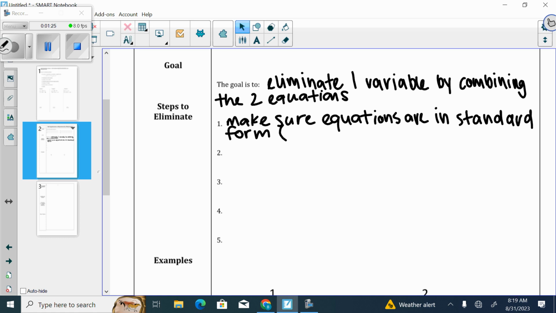Which, remember, is that form ax plus by equals c, where a and b can be any coefficient for your variables x and y.